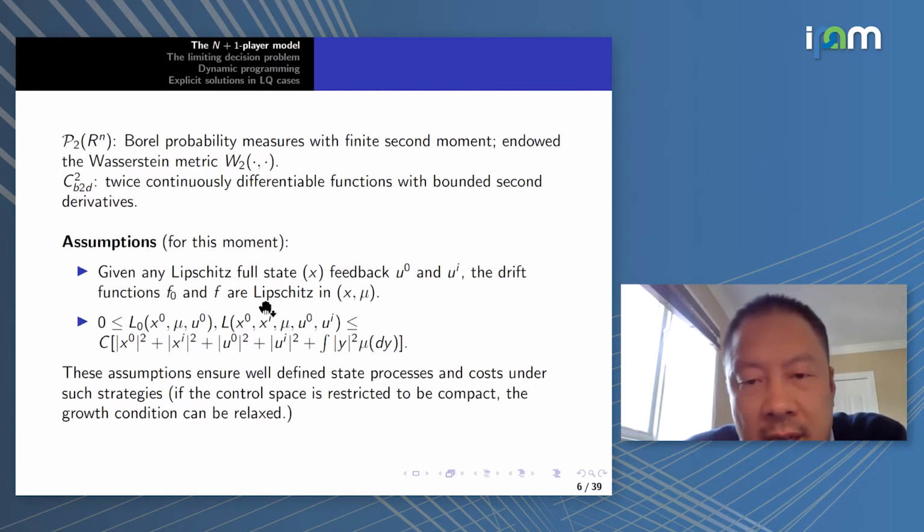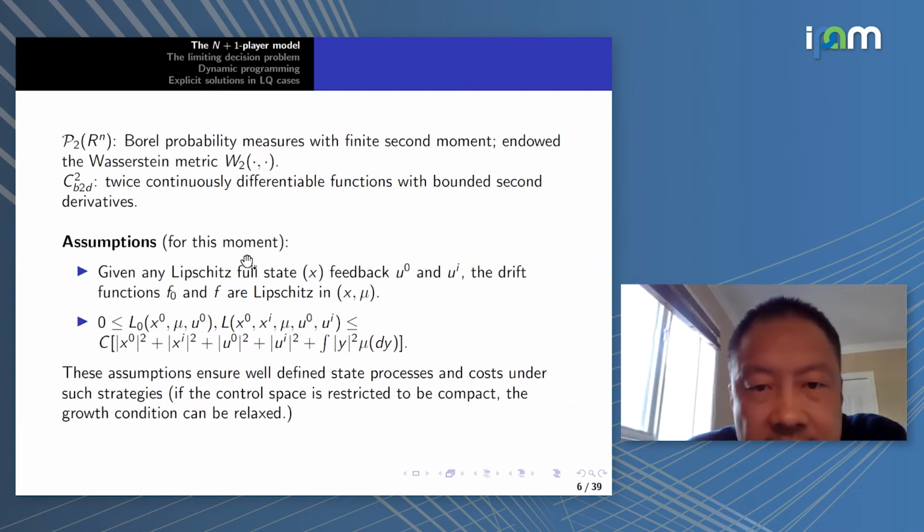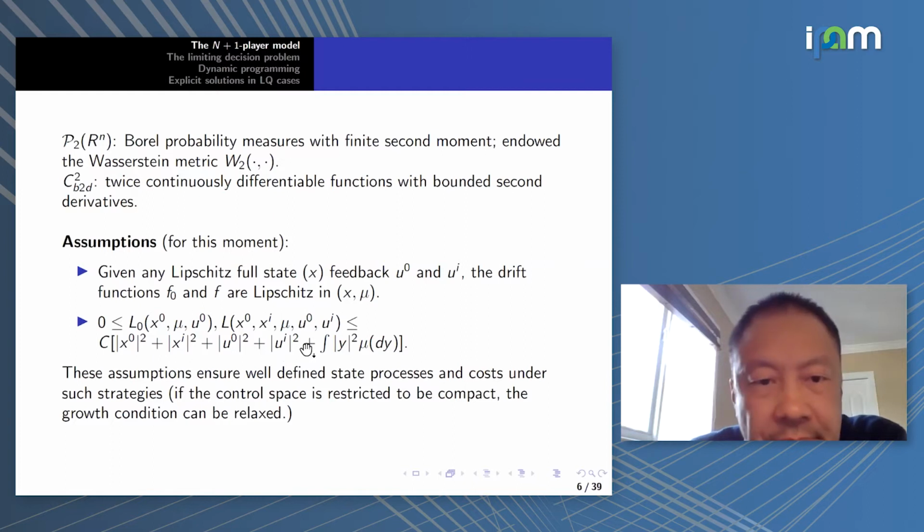So we want to ensure the model makes sense. In this set of assumptions, we want to allow unbounded control set, so that we can include the LQ case, which we will study at the end.